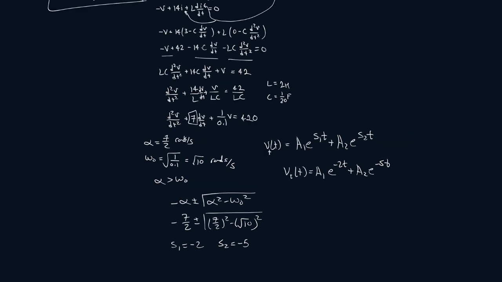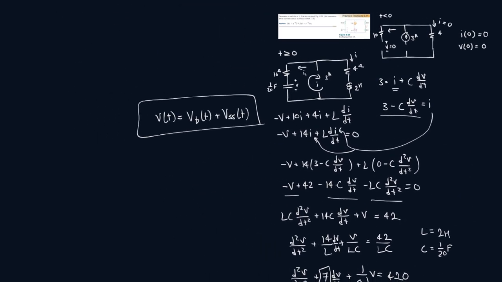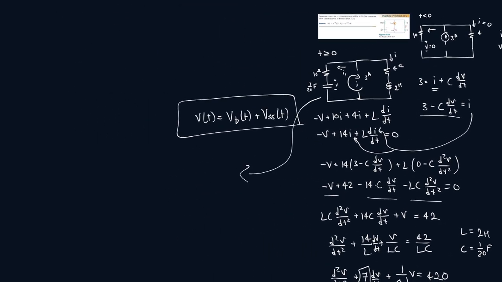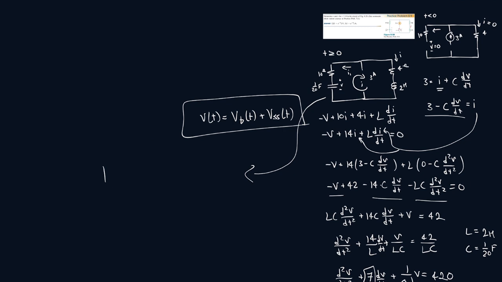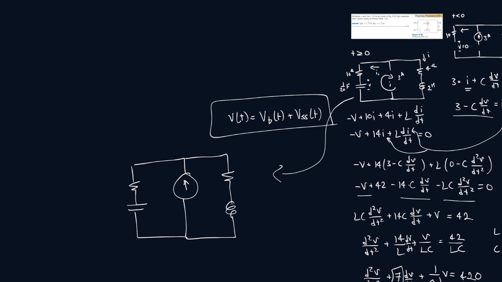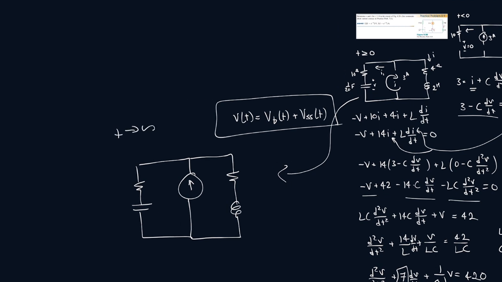Now let's find our steady state voltage. So we pretty much just bring this circuit here, including our source. So let's turn back on our current source. Okay, and we view the circuit when t goes to infinity, because V steady state is equal to V infinity.